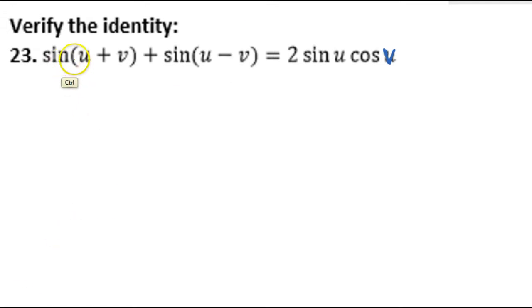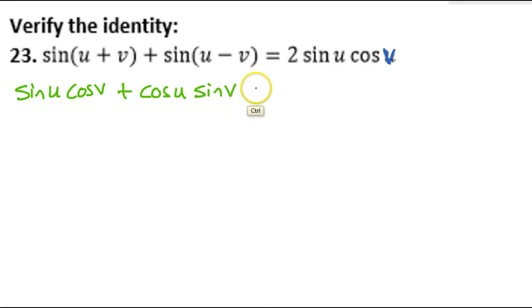Now I know that sine of u plus v goes sine, cosine, cosine, sine. So this is going to be sine u cosine v plus cosine u sine v. Alright, so that's this. And then I've got the plus, which is this plus right here.